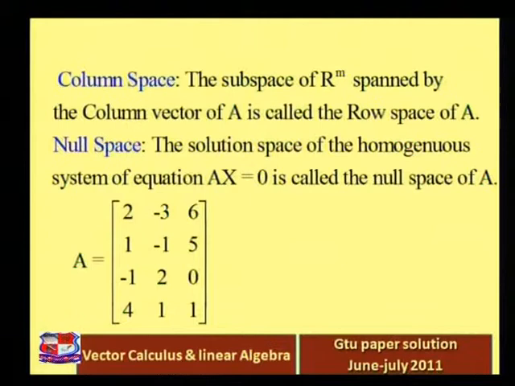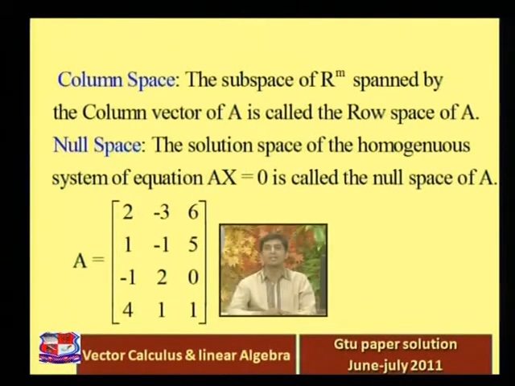And the solution space of the homogeneous system of equations Ax is equal to 0 is called the null space of A.